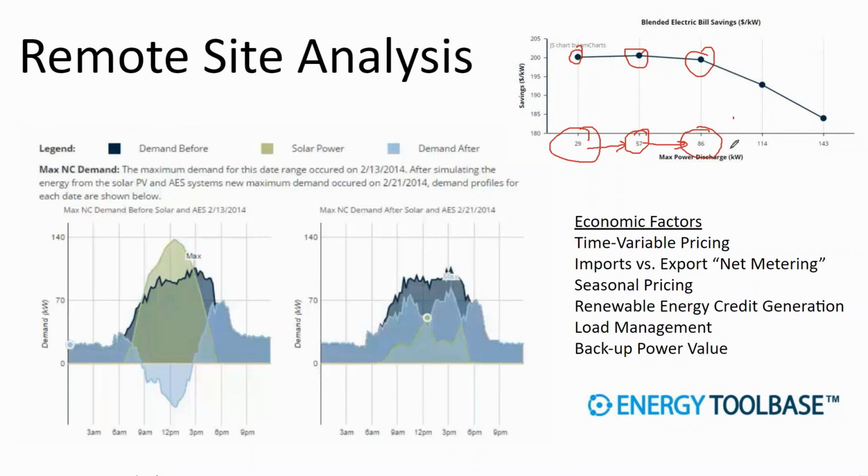But if you went all the way to 114 kilowatts, you start to get into this wider, you're no longer in the spike. You're trying to load level the whole mountaintop. And so maybe 114 kilowatts isn't cost effective for now.